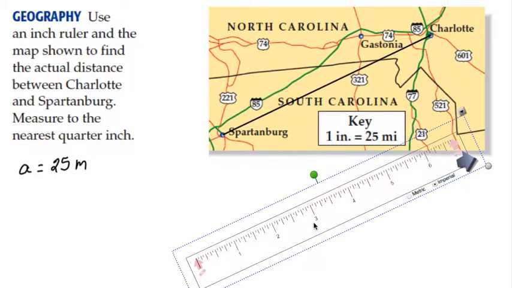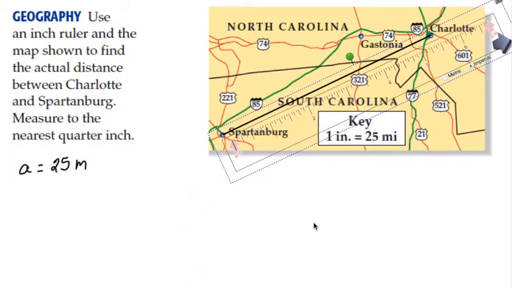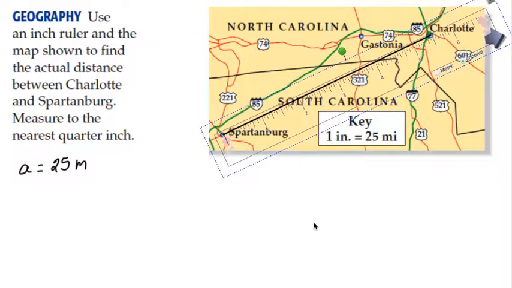So let's go ahead and move our ruler up here, and here's where we start measuring at 0. And if we look at that, here's 4 inches, 5 inches, here's 6 inches, so it's less than 6. It looks like we're right on 5.5. So I'm going to call that 5.5. So A would equal 25 multiplied by the measured distance, which is 5.5 inches.